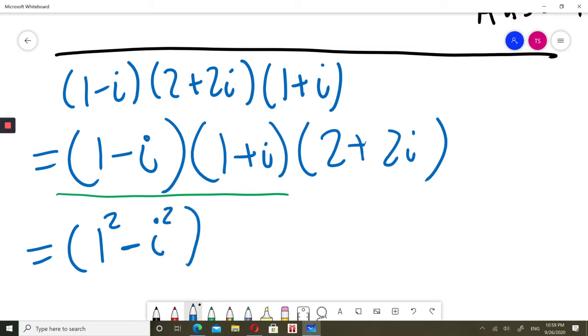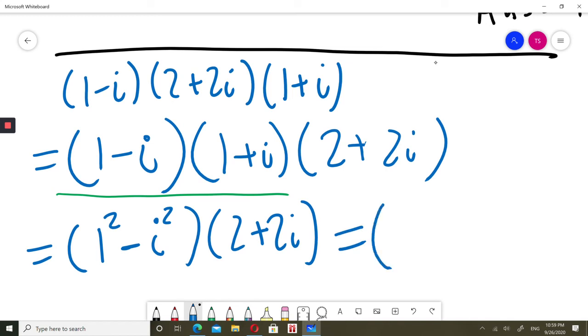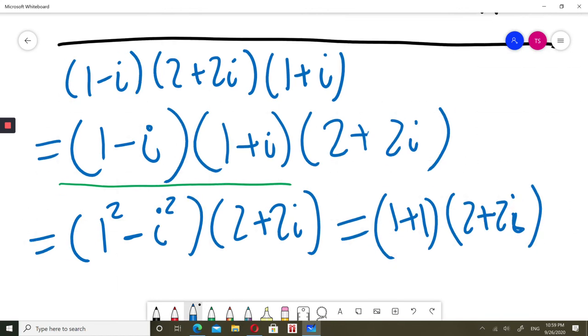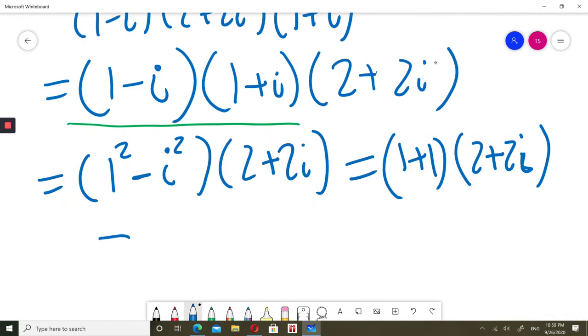That will be quicker. Then times (2 + 2i). 1 squared is 1, minus i squared means minus minus 1, because i squared is negative 1, so it is 1 plus 1, which is 2, times (2 + 2i).